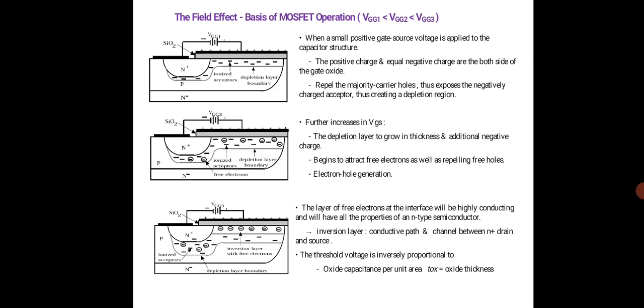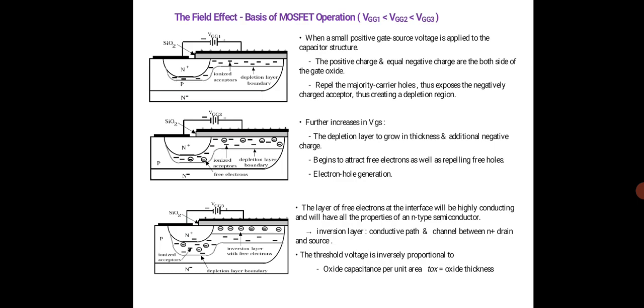With further increase in VGS, the depletion layer will grow in thickness with additional negative charge. This begins to attract free electrons as well as repelling the free holes, leading to electron hole generation. The layer of free electrons at the interface will be highly conducting and will have all the properties of an N-type semiconductor. This inversion layer is a conductive path, a channel between the N plus drain and the source.